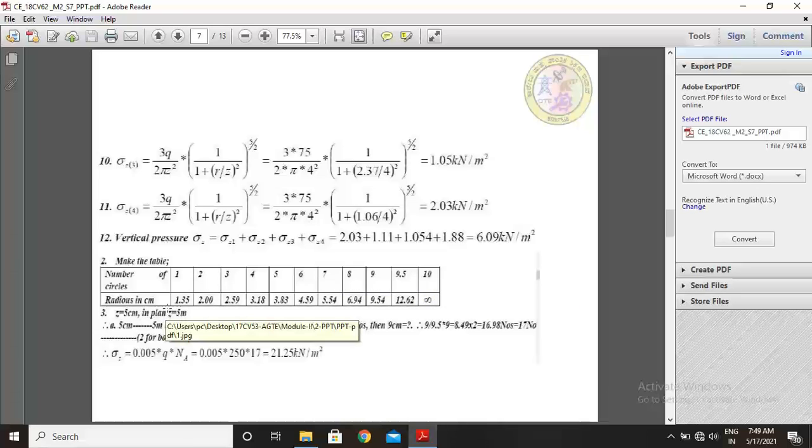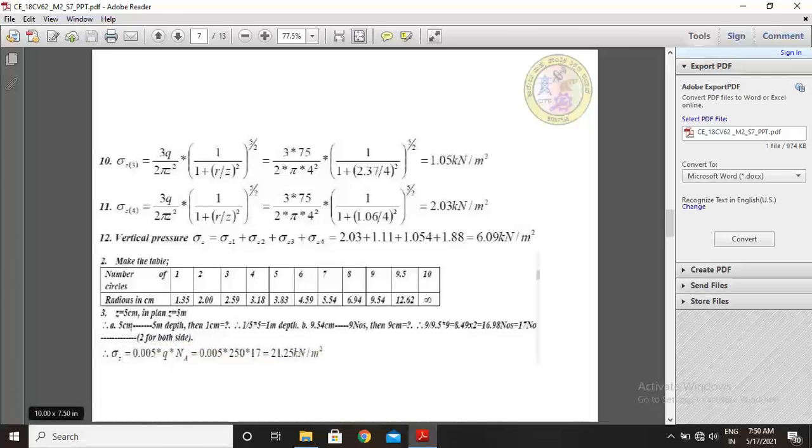Solving for the radius r in centimeters, we get 1.35, 2, 2.59, 3.18, 3.83, 4.59, 5.4, 6.94, 9.54, 12.62, to infinity, using Boussinesq's equation or the Newmark influence equations. Then the next step is to plot the Newmark influence chart.